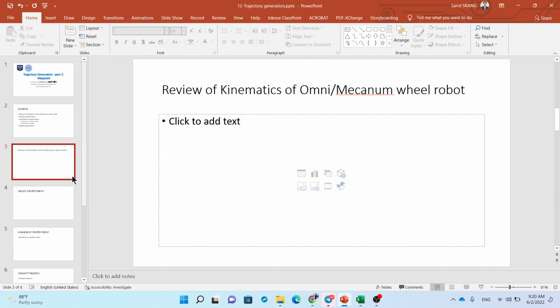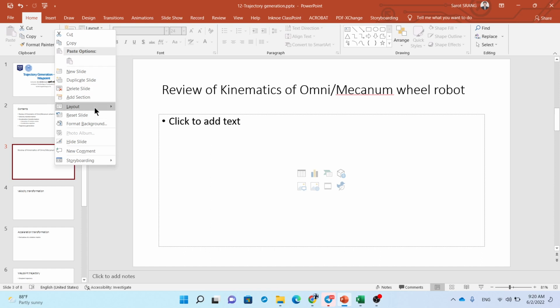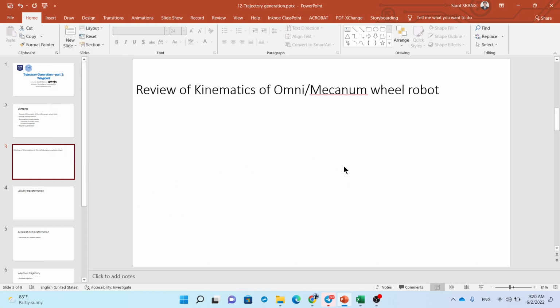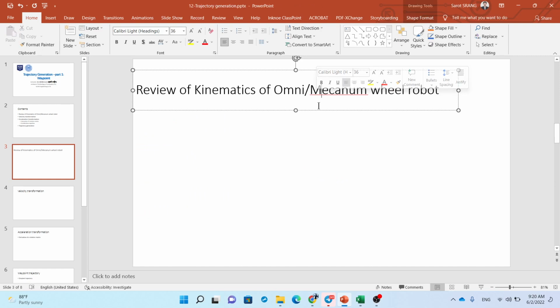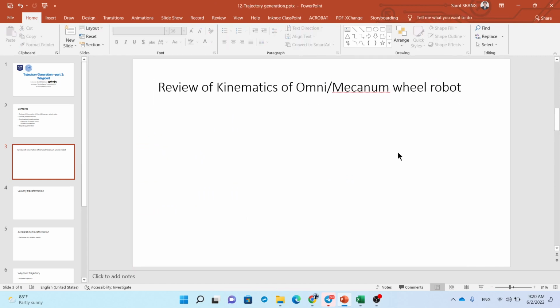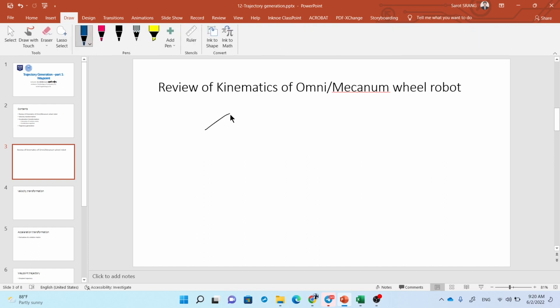So first, let me give a brief review on kinematics of Mecanum wheel and Omni wheel robot. So let me start with the schematic of a robot. Let's say we have a robot in this configuration, in this orientation of different color.